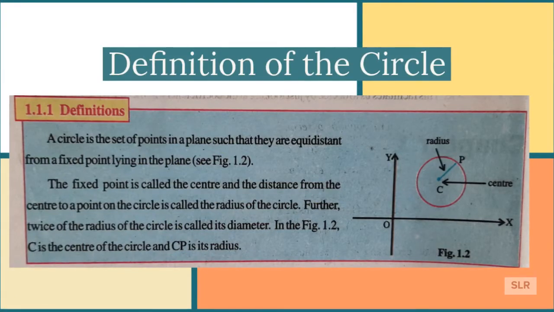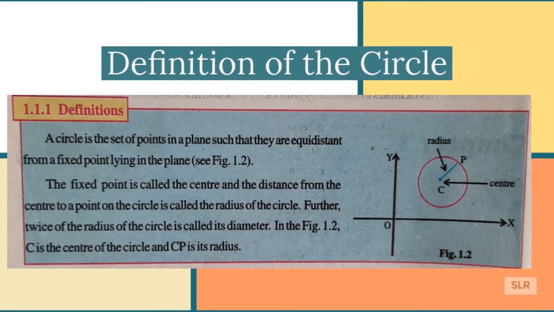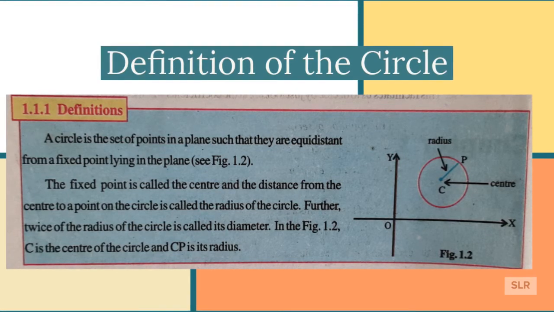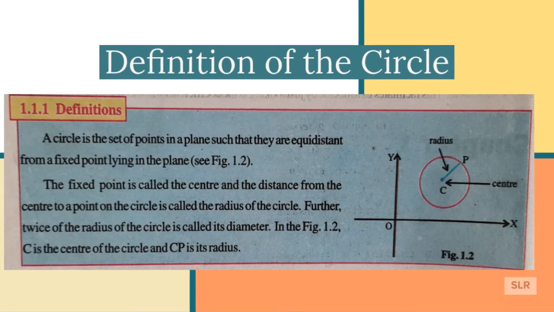Definition of the circle. A circle is the set of points in a plane such that they are equidistant from a fixed point lying in the plane. The fixed point is called the center, and the distance from the center to a point on the circle is called the radius of the circle.